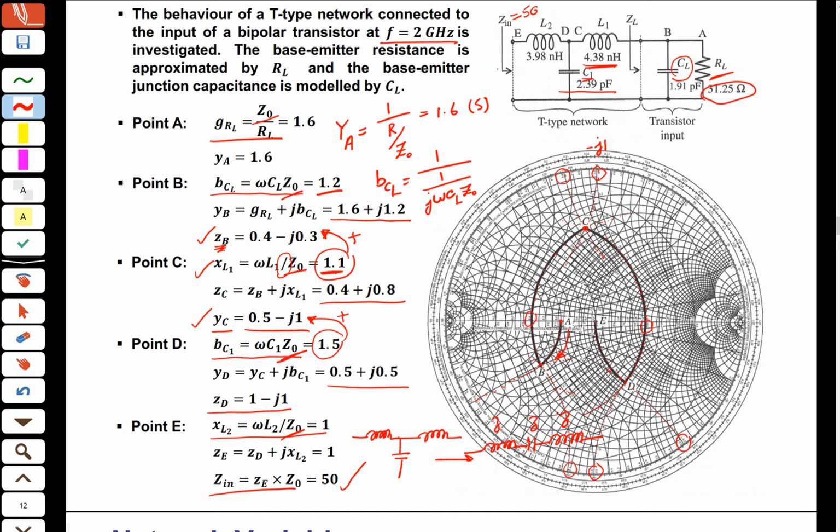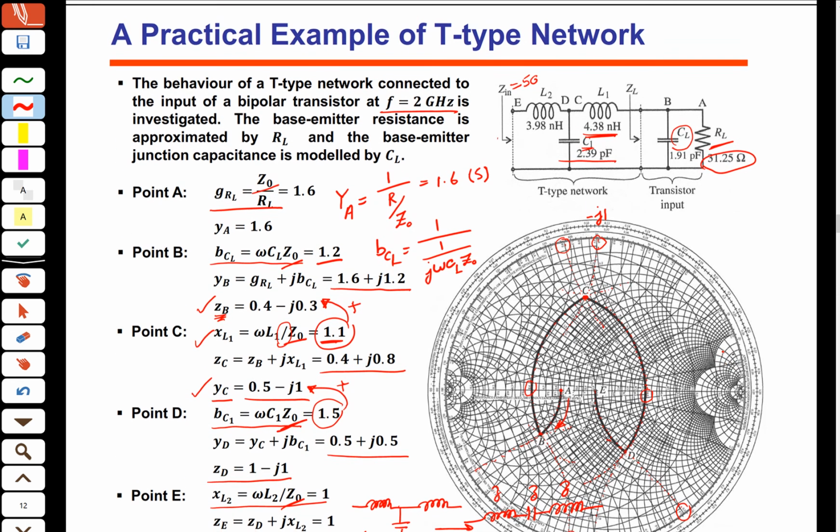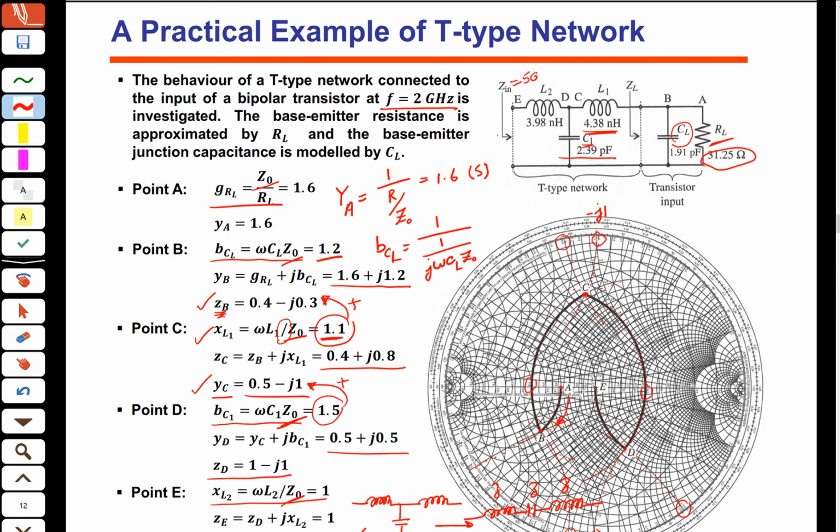No. So capacitance in series gives you reactance. It does not give you susceptance. It gives you a reactance, but it's a negative reactance.